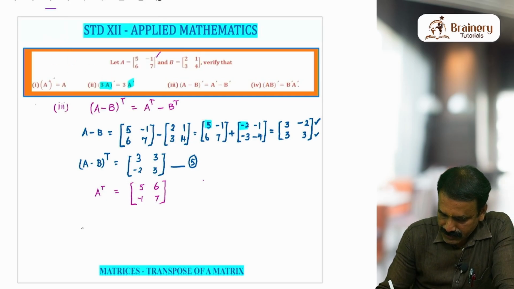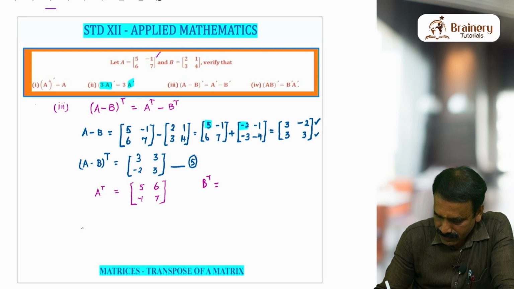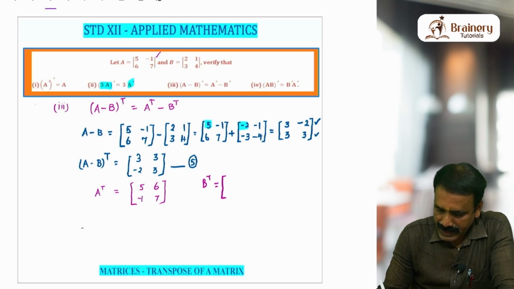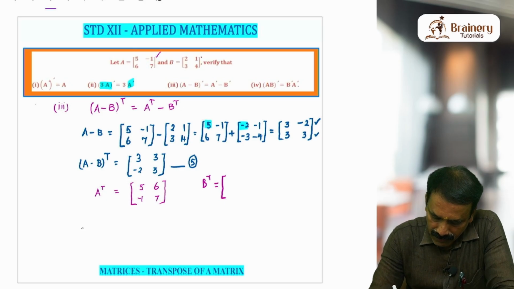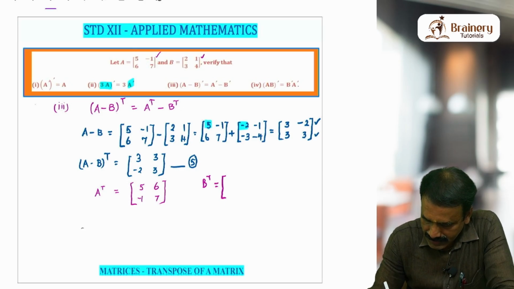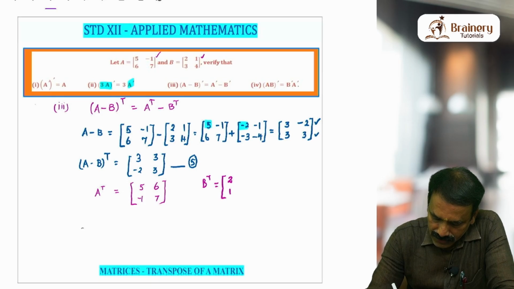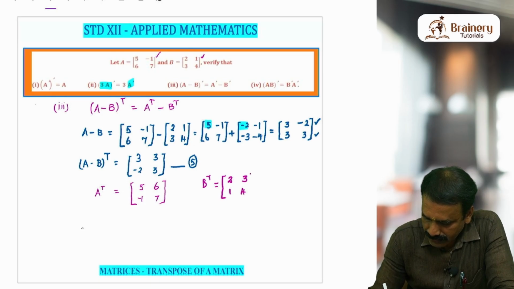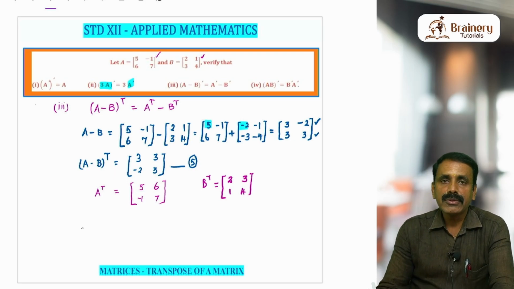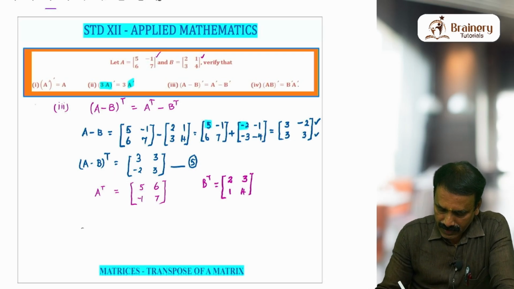We are going to find B transpose. How to find B transpose? B transpose is equal to the first row 2, 1 rewritten as the first column 2, 1. The second row 3, 4 is rewritten as the second column 3, 4.